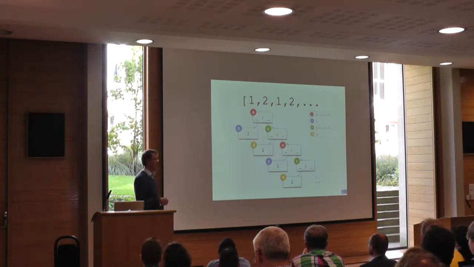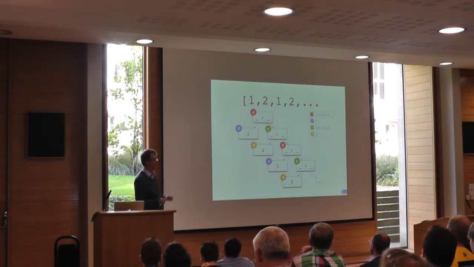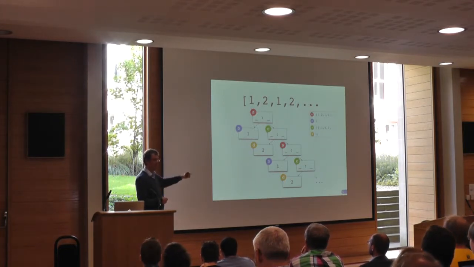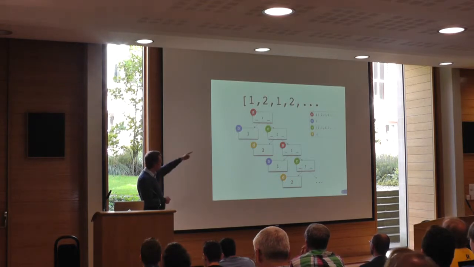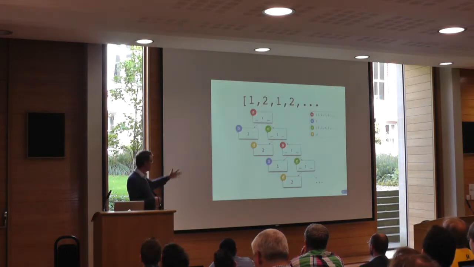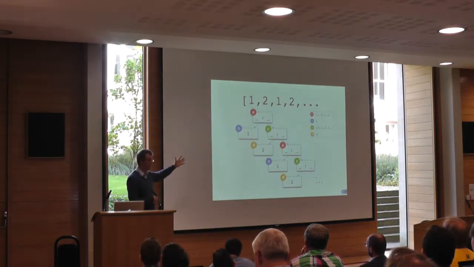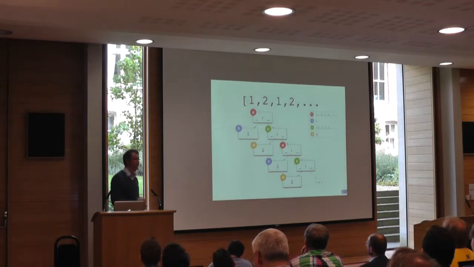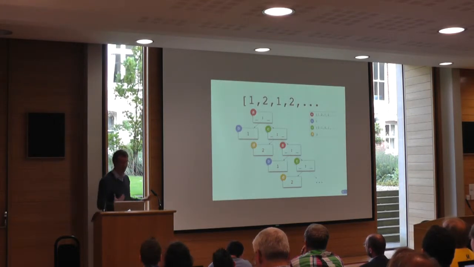There's the top level stream itself that occurs at every odd position, and every even tail is also another stream: 2, 1, 2, 1, and so on. So even though it is an infinite term, there's only a finite amount of information present in this rational term.